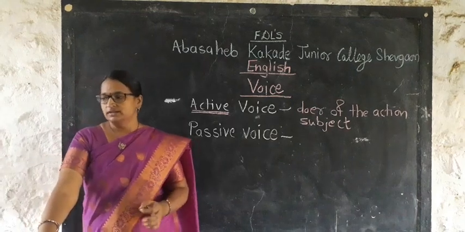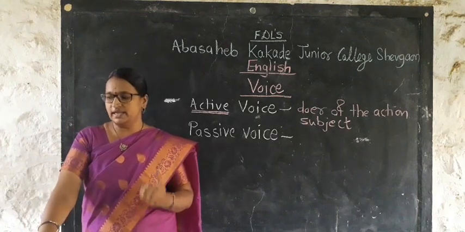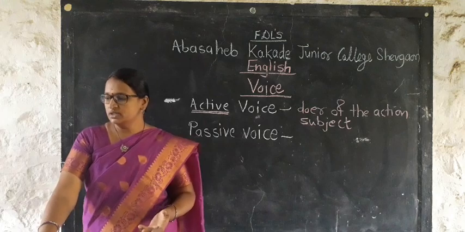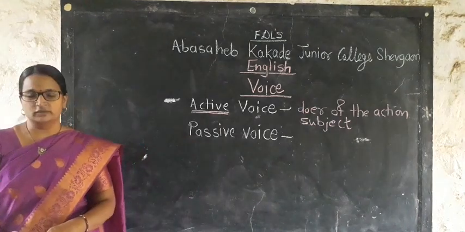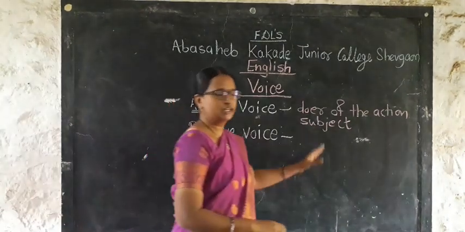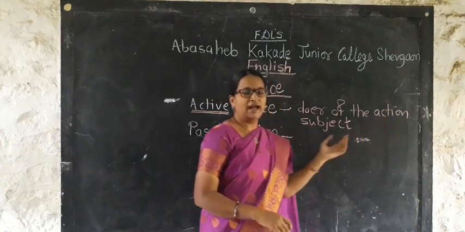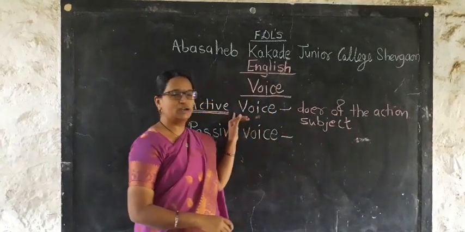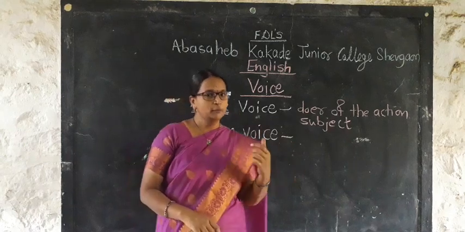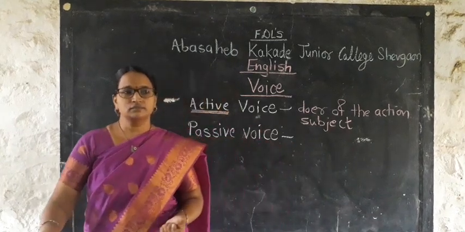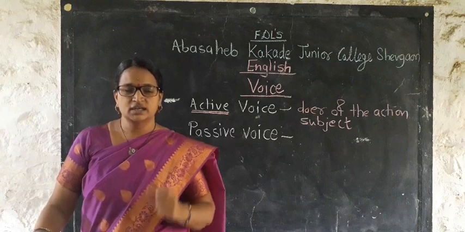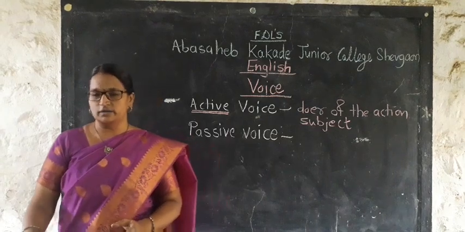So when the subject of a sentence performs the verb's action, at that time we can call that voice an active voice, because in active voice the subject is important.